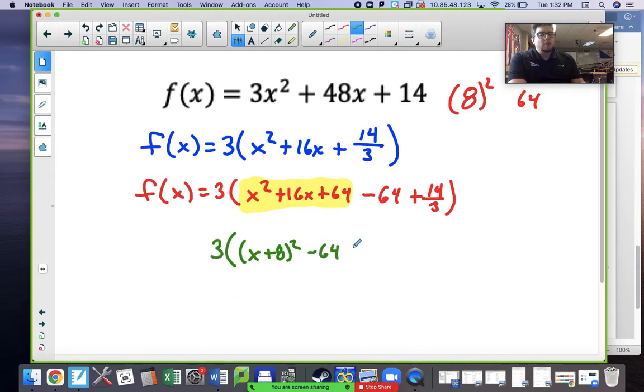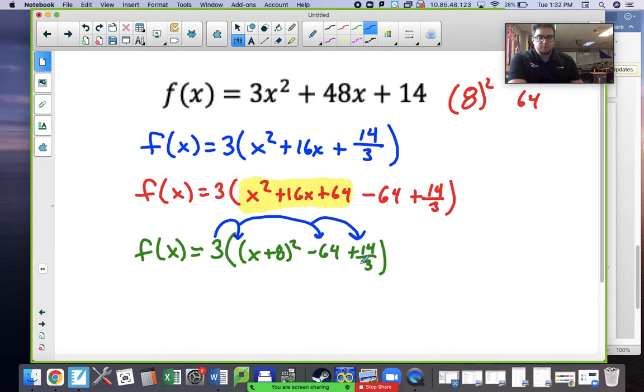But I'm not going to combine my like terms just yet. What I'm going to do is strategically multiply back in this 3. By multiplying in the 3 here, I won't have to create my common denominators. 3 times 64 is 192.